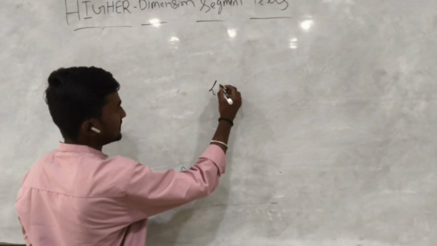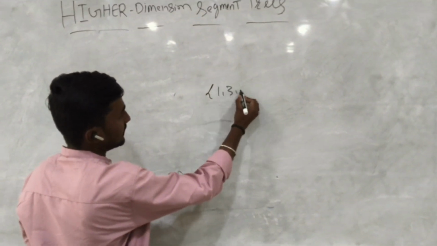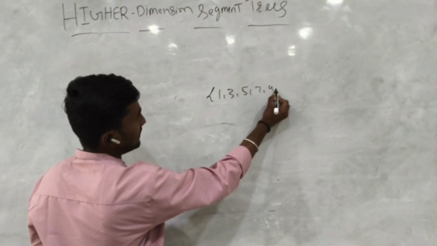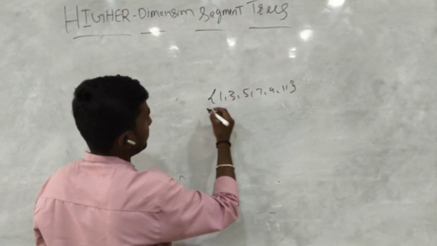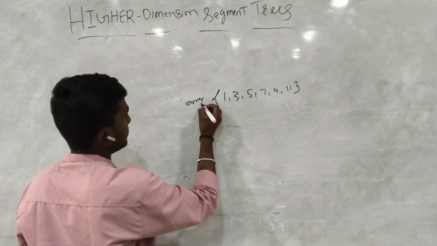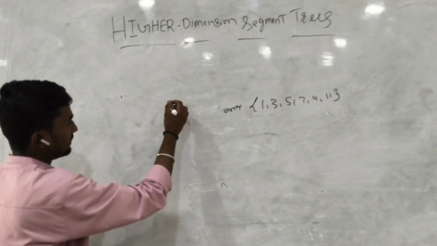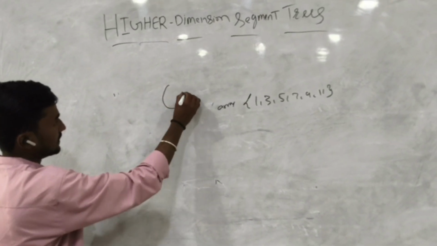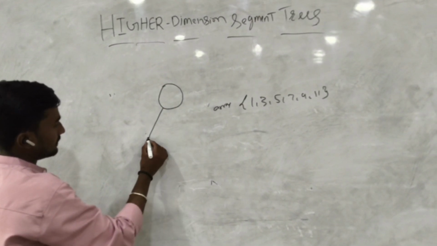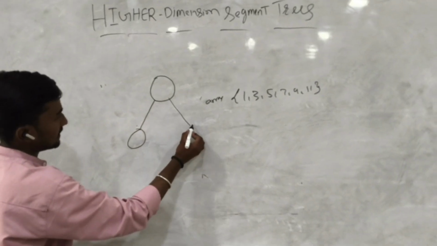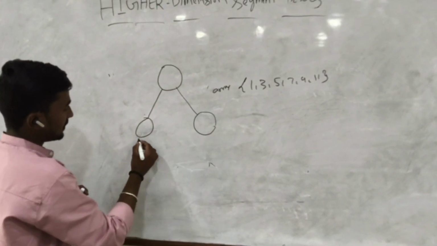Consider this array: 1, 3, 5, 7, 9, 11 are the values of the array. In the segment tree, first we will draw one tree. Just draw the tree without considering any values. We will add them at the end.